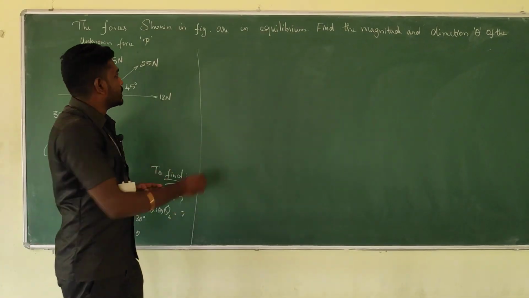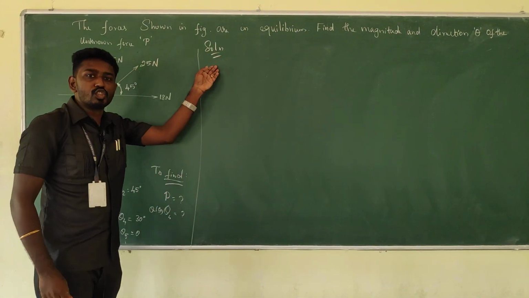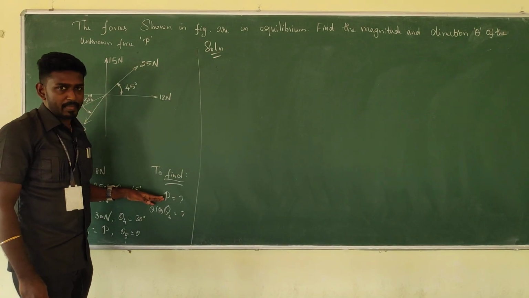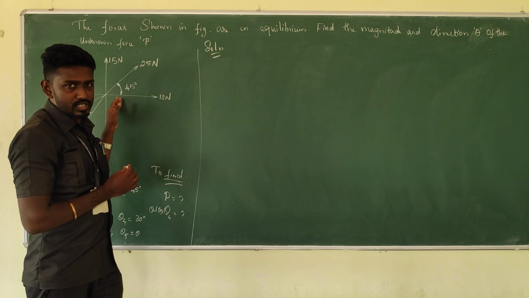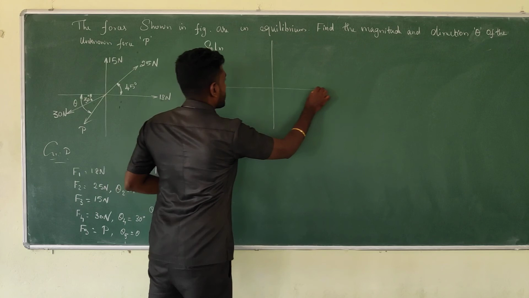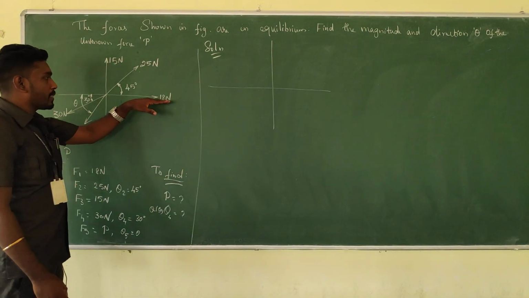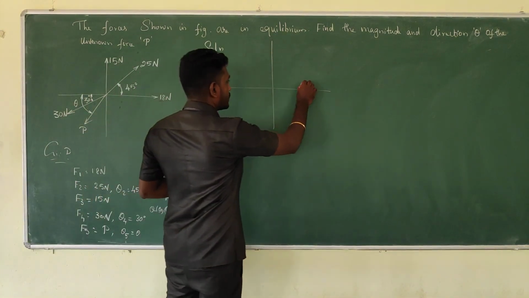Now let's move to the solution part. In order to get the answer for the unknown force P and theta, just draw the resolution of force diagram, so we can see the force components clearly. Look at this diagram. The 80 Newton force is directed horizontally, so no worry.